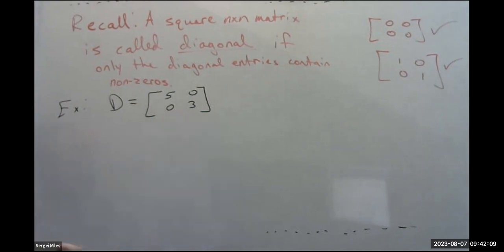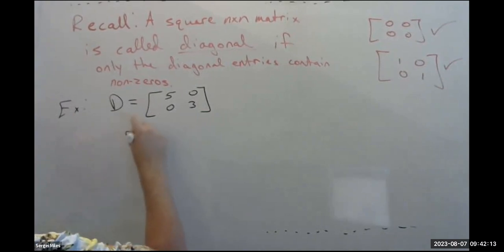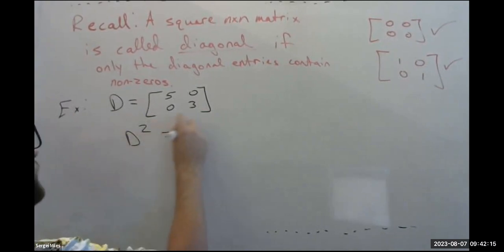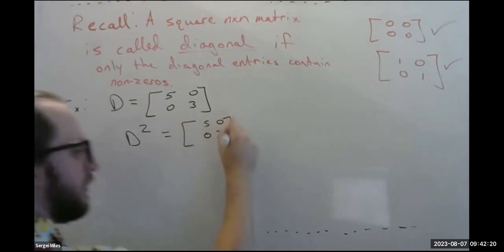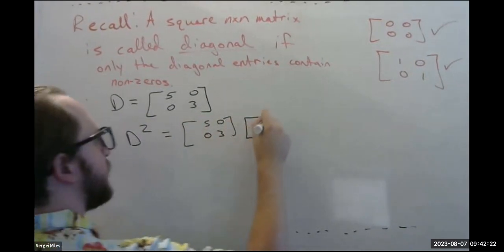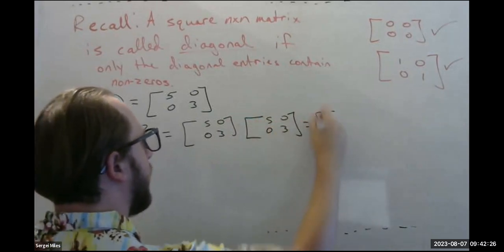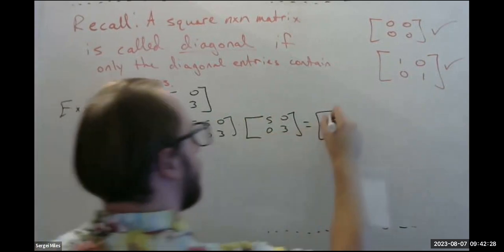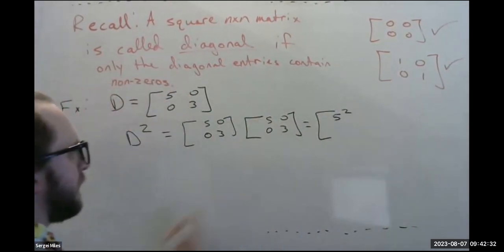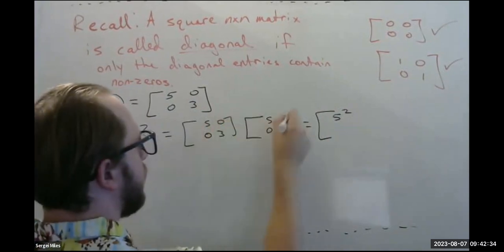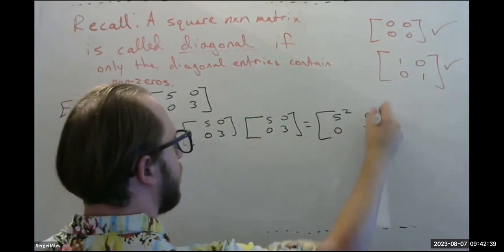But what happens when we raise a diagonal matrix to a power? Well, let's just play with D squared and see what happens. So this is the matrix D times the matrix D. And what happens? Well, when I do my dot product, I'm going to have 5 times 5, which is 5 squared, plus 0. And then 0, 0, 3 squared.